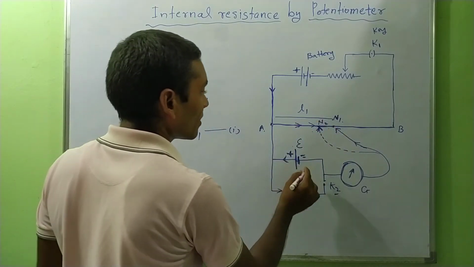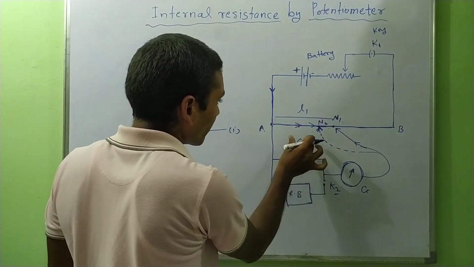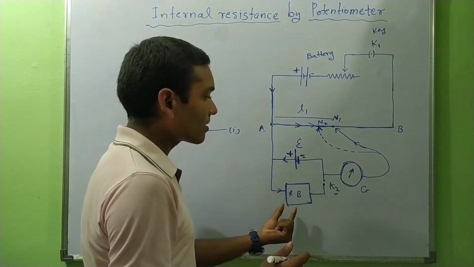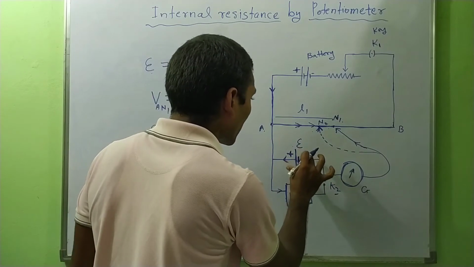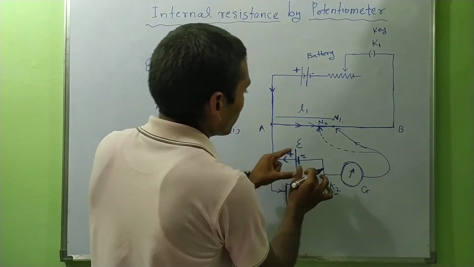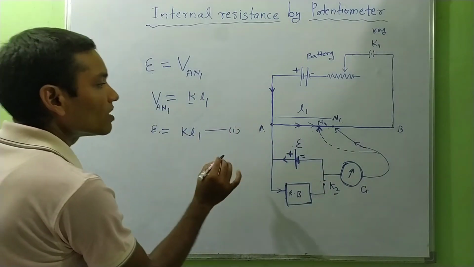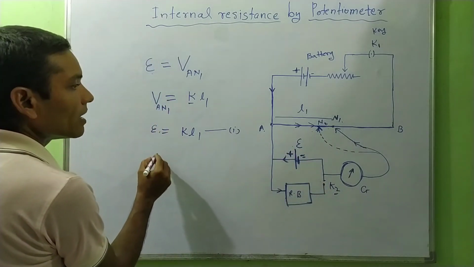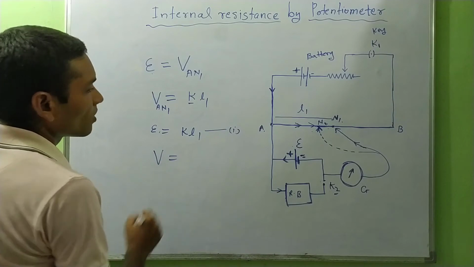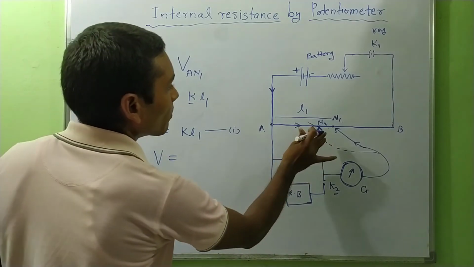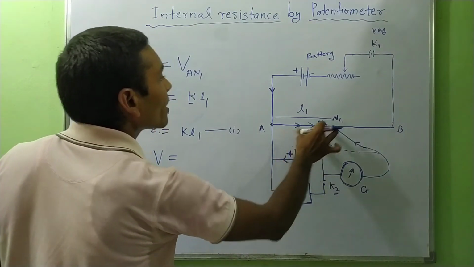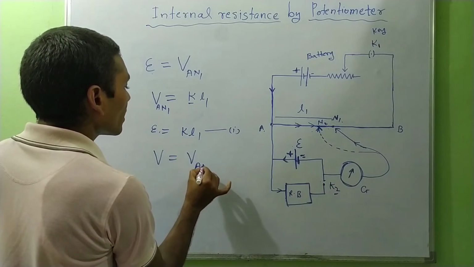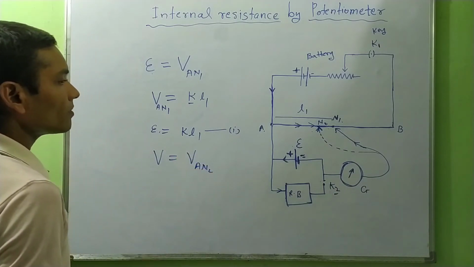Because the potential difference between the two terminals has decreased, it is called the terminal potential difference, and it will be V. V will be equal to the potential difference between point A and N2, that is V_AN2.